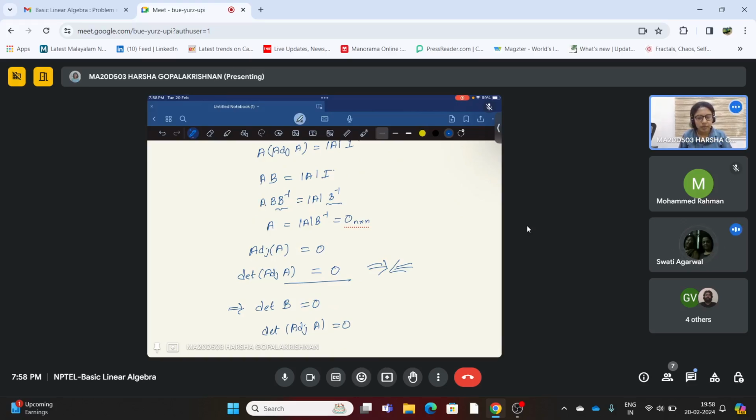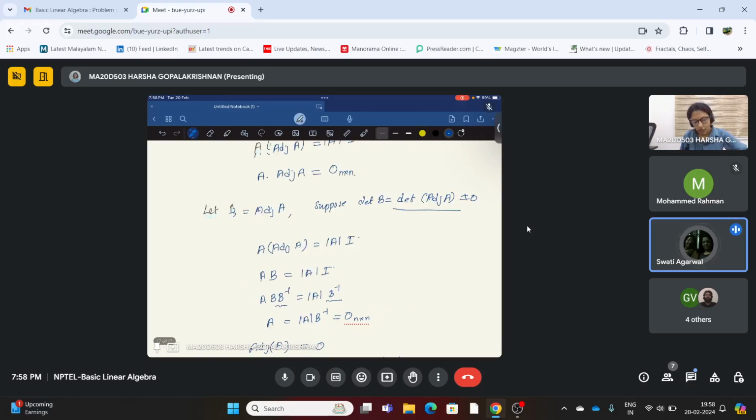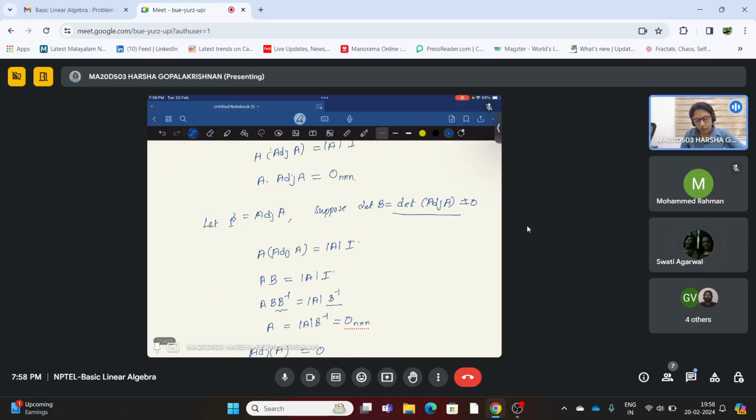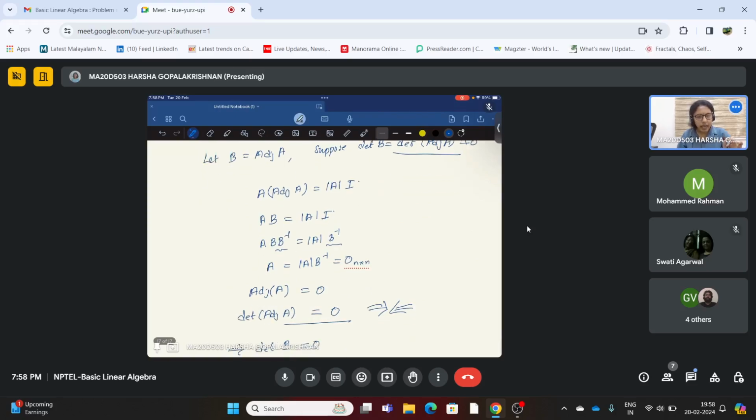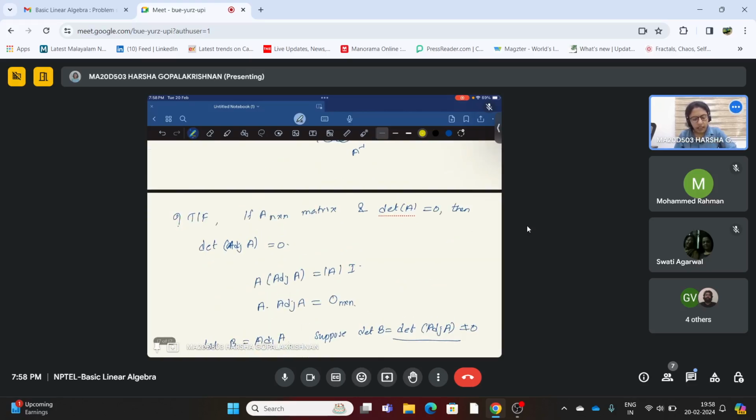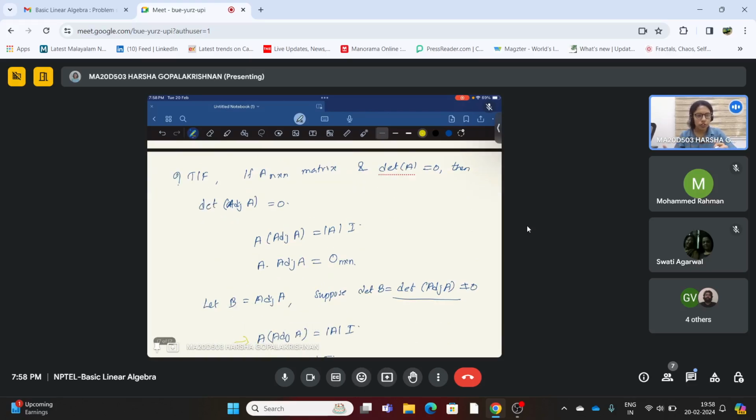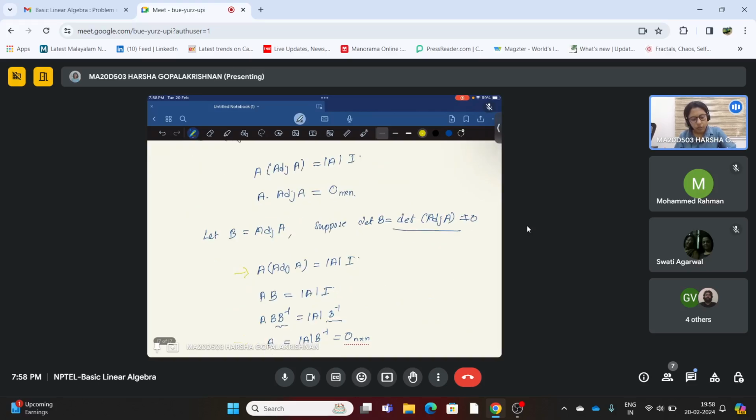Okay, we are starting with the identity A into adjoint of A equals determinant of A into identity. Our question was, if determinant of A equals 0, is determinant of adjoint of A 0 or not? We are assuming it is not 0. We assumed the determinant of adjoint A is non-zero.